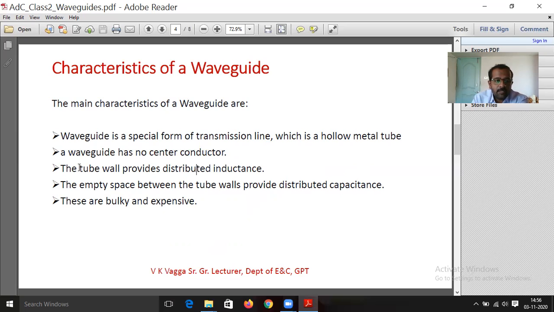And the entire length of the tube is to be implemented with the distributed inductance, so that inductance is going to be distributed along the entire length of the tube. And the empty space between the tube walls is going to provide the distributed capacitance.